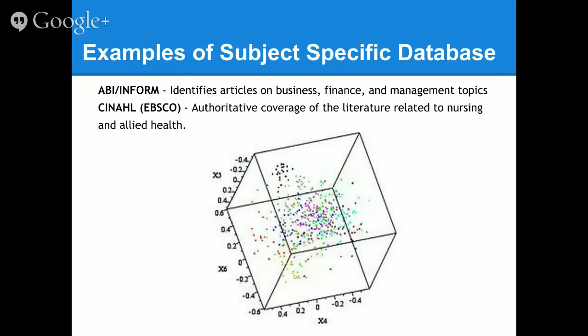The ABI Info identifies articles on business, finance, and management topics from regional, United States, and international publications. Another one is CINAHL.